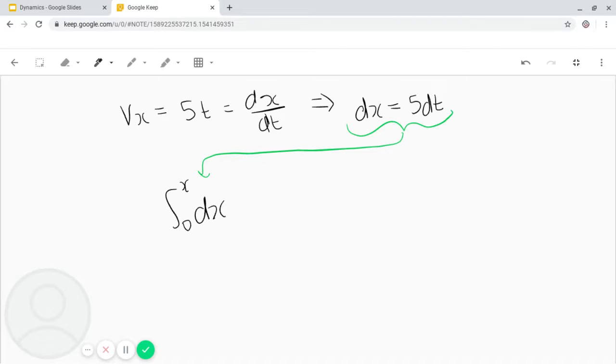Again, we can choose our own coordinates here, so we can say that 0 is our lower limit of integration. And this equals the integral of 5 dt from 0 to t, our unknown time t.